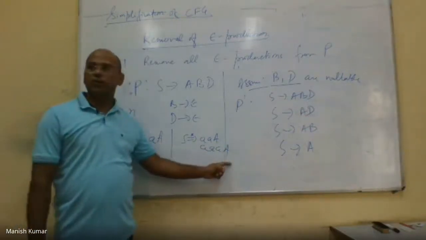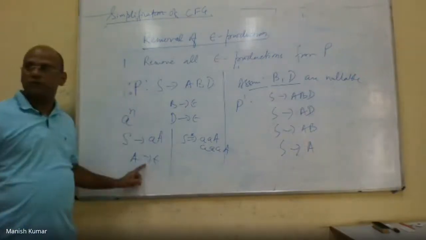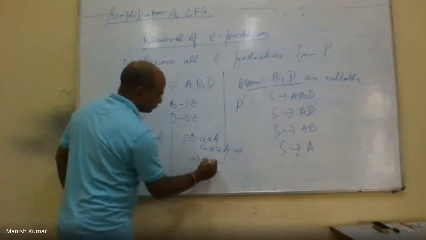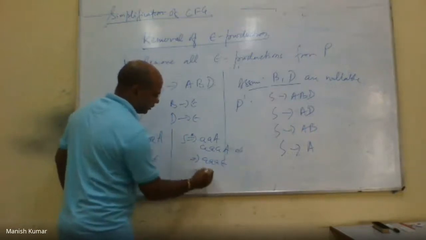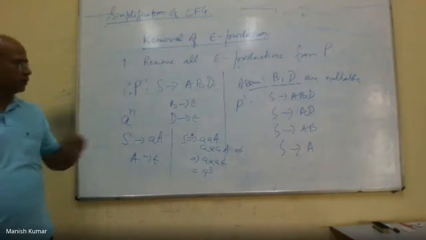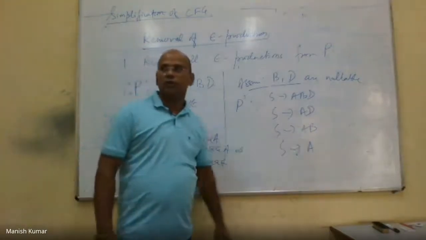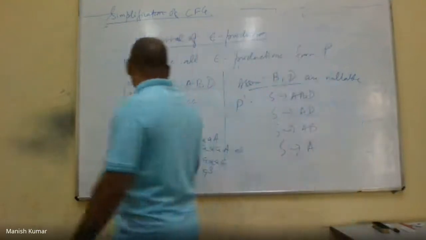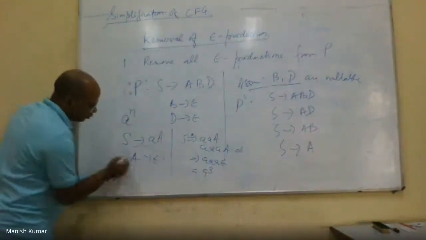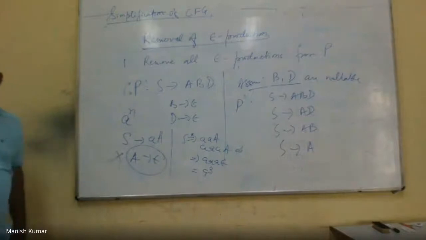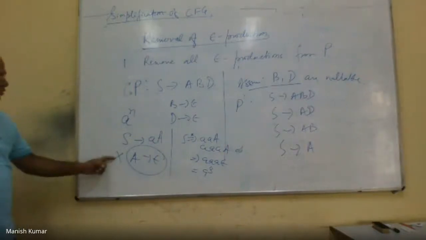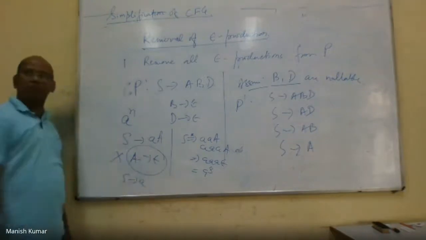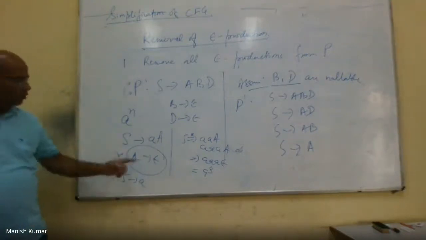Whenever you want to terminate this, you use this, epsilon. Now what will happen in this case? If I go for this, you want to replace this. If you want to replace this, then what will happen? S will be this.